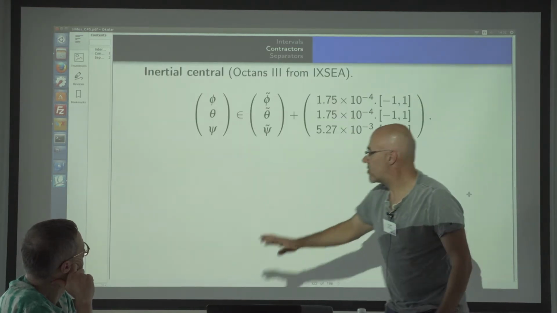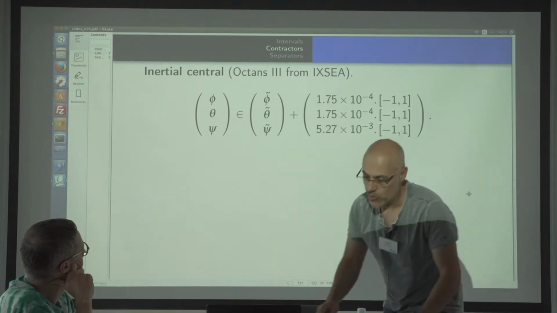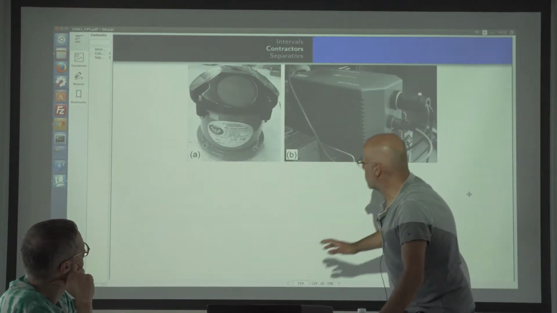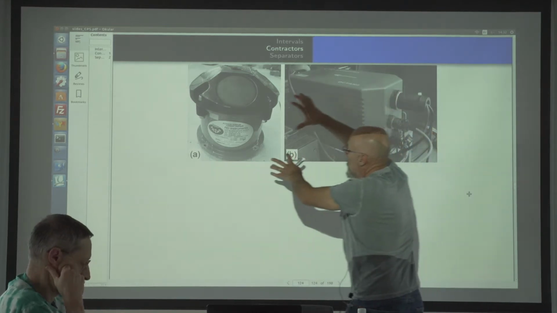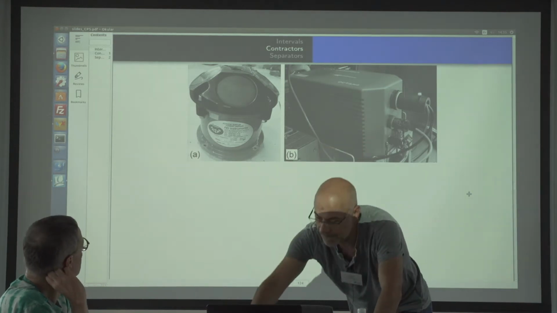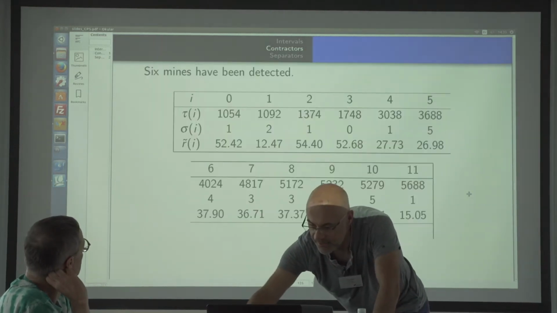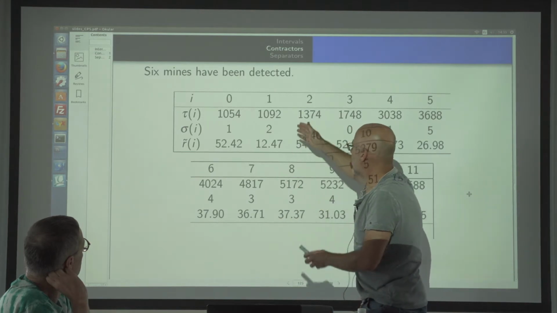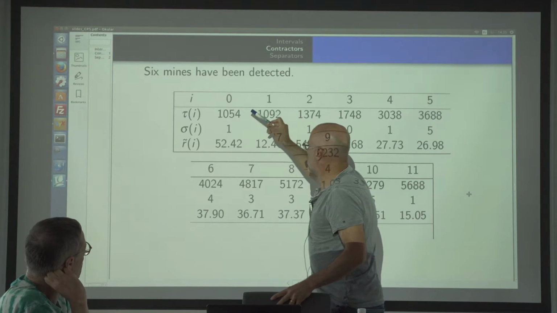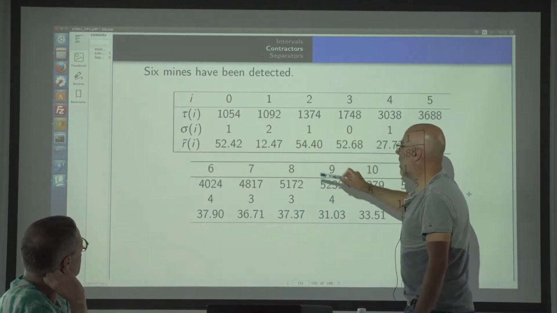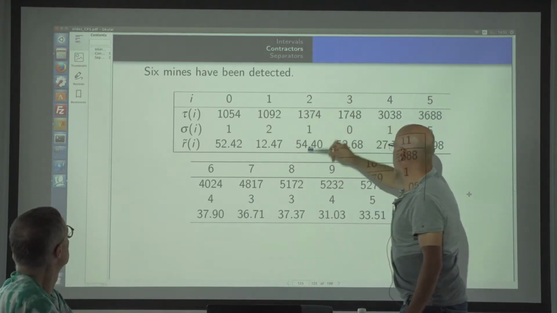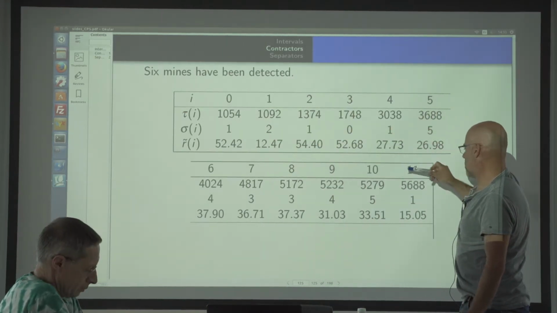You also have the inertial unit, which gives you the angles of the submarine. You also measure the speeds using a Doppler system. And at the end, you are able to see some marks. So the mark, for instance, number 1, has been seen the first time, second time, so 4 times.